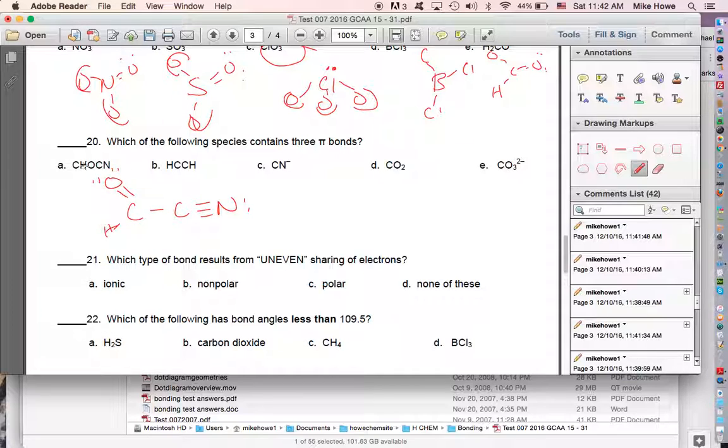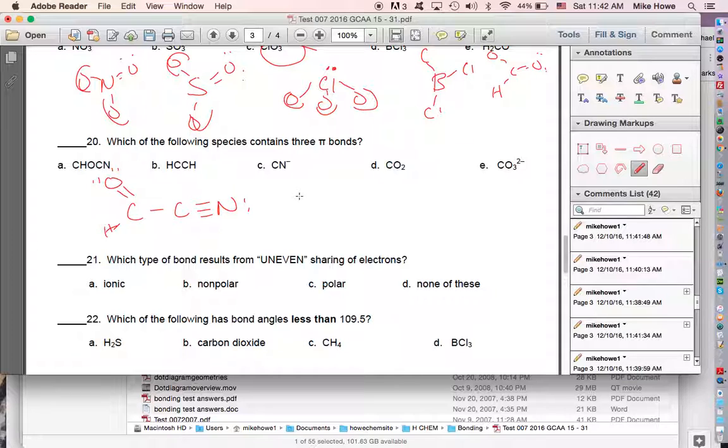All right, 4, 5, 11, 15, 20. Here's the electrons, 2, 4, 6, 8, 10, 12, 14, 16, 18, 20. So that's our picture. So you got a sigma and a pi, a sigma and 2 pi's.